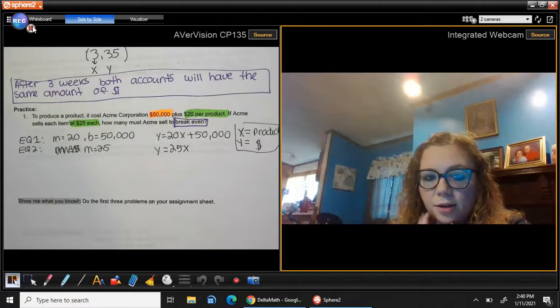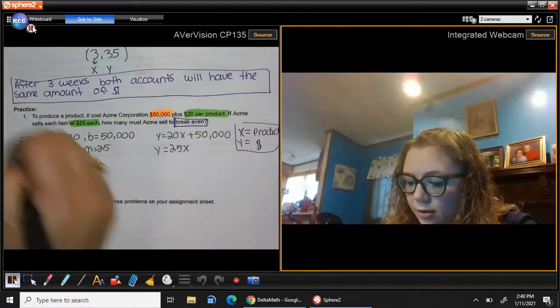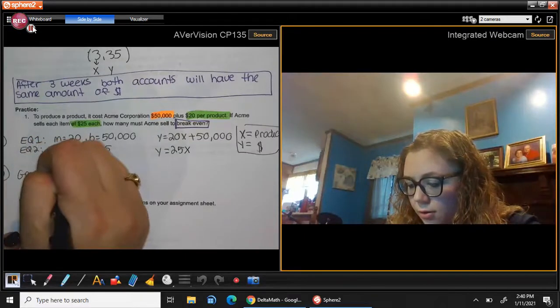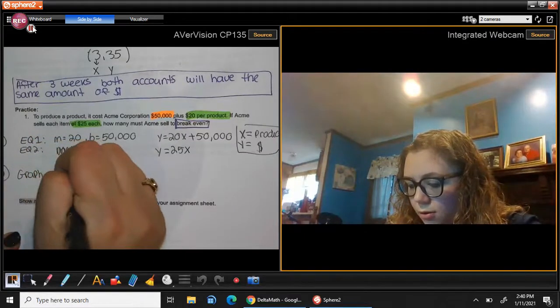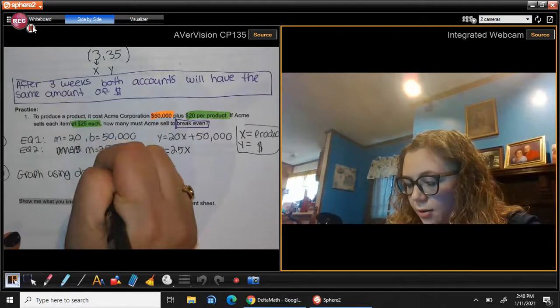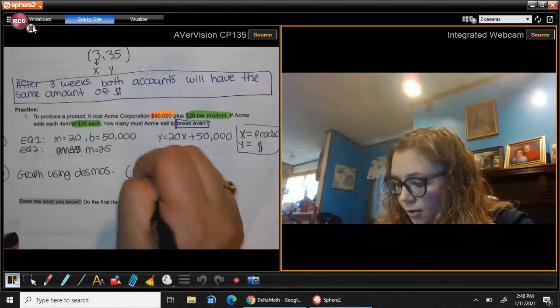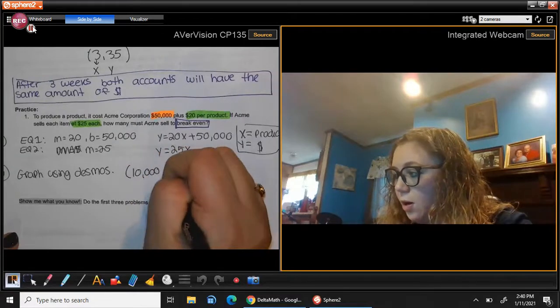Now I'm going to graph these two equations using Desmos and find where they intersect. For this one you would have to zoom out a whole lot.